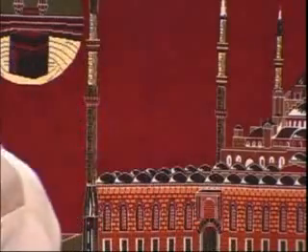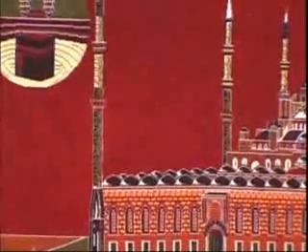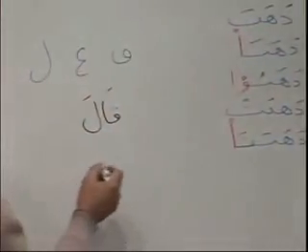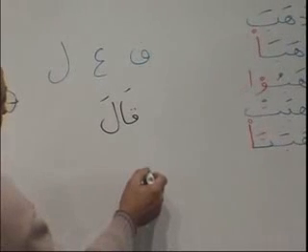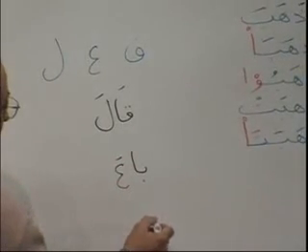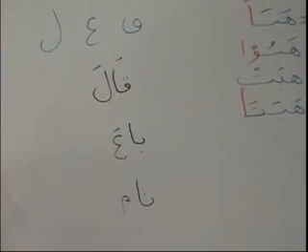Okay, here are some of the things that I will write down, brothers and sisters. Kala, and then I will say ba'a, and then I will write down nama. Okay, brothers and sisters?